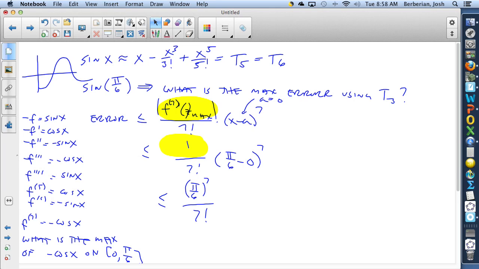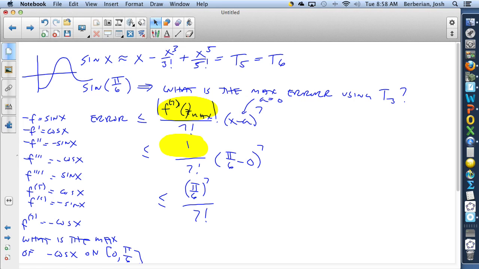And the alternating series would have told us the error is at most your next term, and that's a lot easier than doing all this work. So if you see a series as alternating, I would encourage you not to use the Lagrange error. That's a lot of work to get the same result you would have gotten if you just said, oh, the next term is x to the 7th over 7 factorial, so if I'm doing pi over 6, it's going to be pi over 6 to the 7th over 7 factorial.